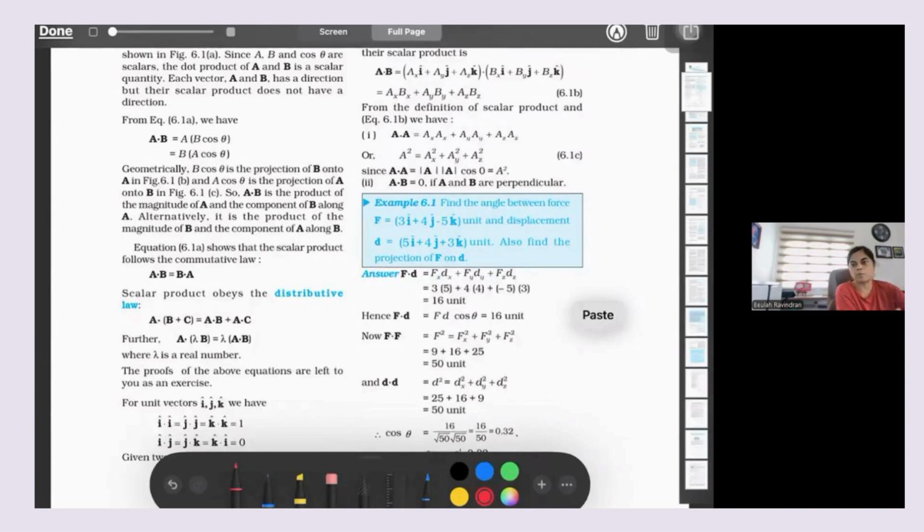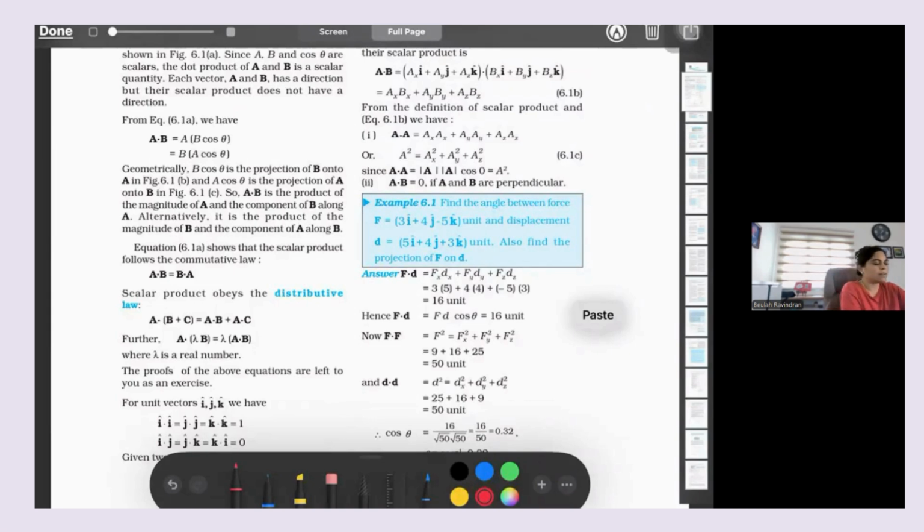In multiplication, there are two products: dot product or scalar product, and cross product or vector product. Dot product means the resultant will be a number. Cross product means the resultant is also a vector. Everything I have discussed in the video, I will mention in the description box.